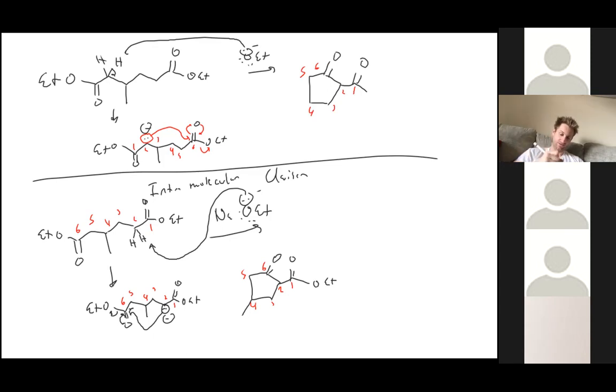And now that methyl group is on 3. So for this intramolecular Claisen, we're going to end up with 2 different products. One of them where this methyl group is on the 3 position, the other one where it's on the 4 position.